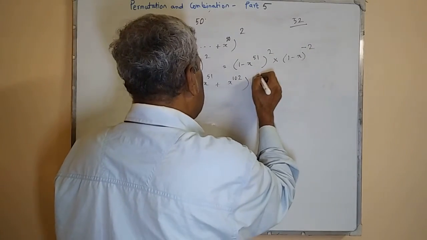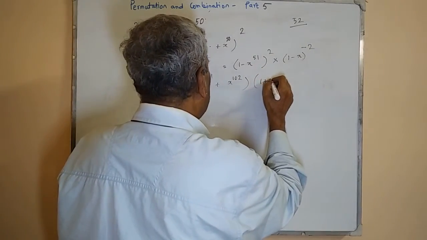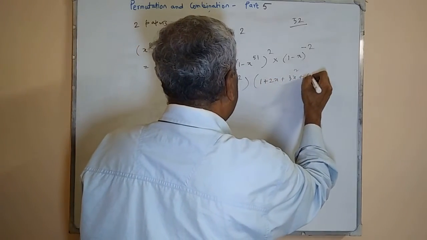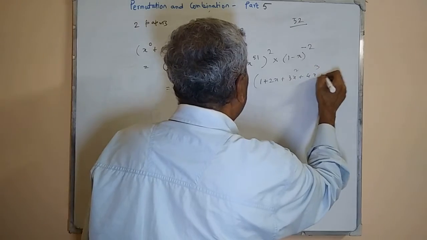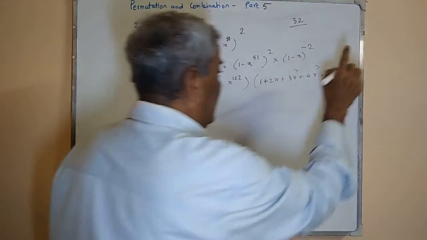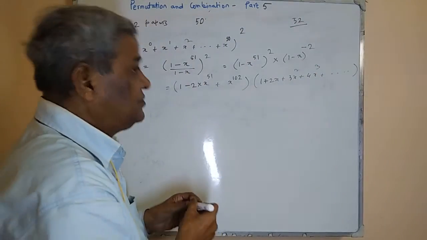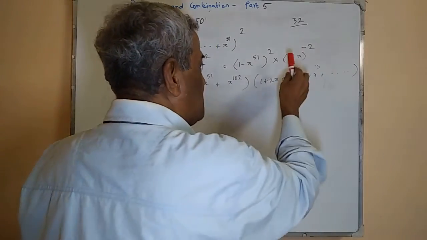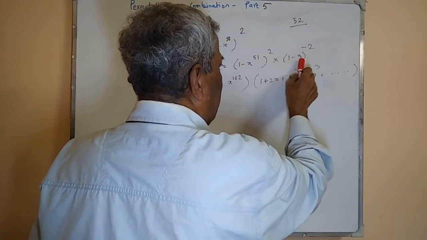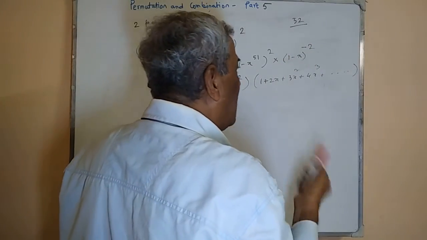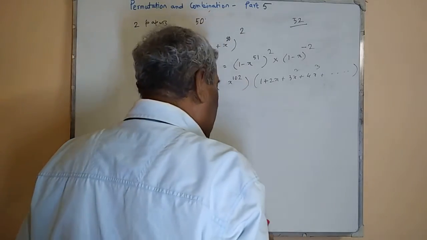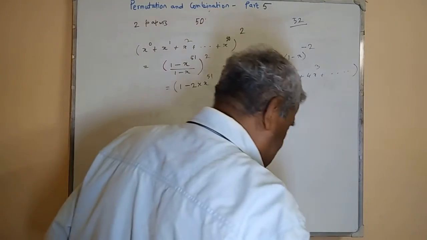That expansion is 1 plus 2x plus 3x squared plus 4x cube and so on, up to an infinite series. There are many expansions of this type: (1 minus x) to the power minus 1, minus 2, minus 3. You must keep all these in mind.